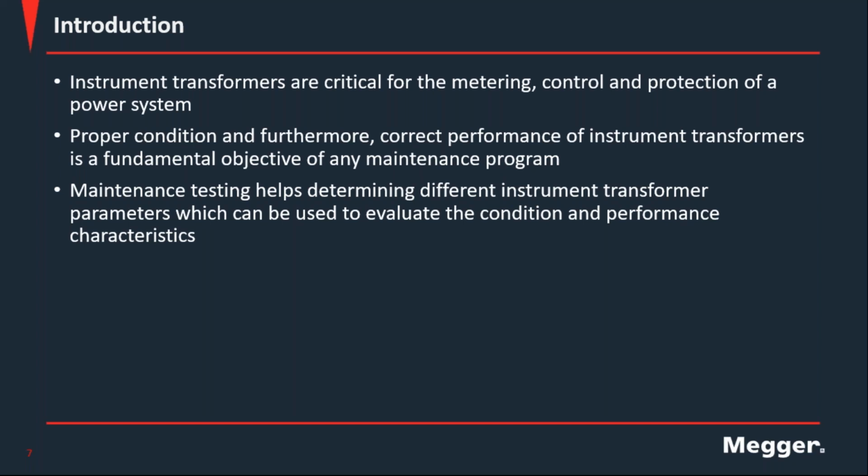So there are several characteristic assessments, and we are focusing mainly on one here. Throughout the presentation, I'm going to be talking mainly about CTs, but of course these concepts apply also to VTs, voltage transformers.